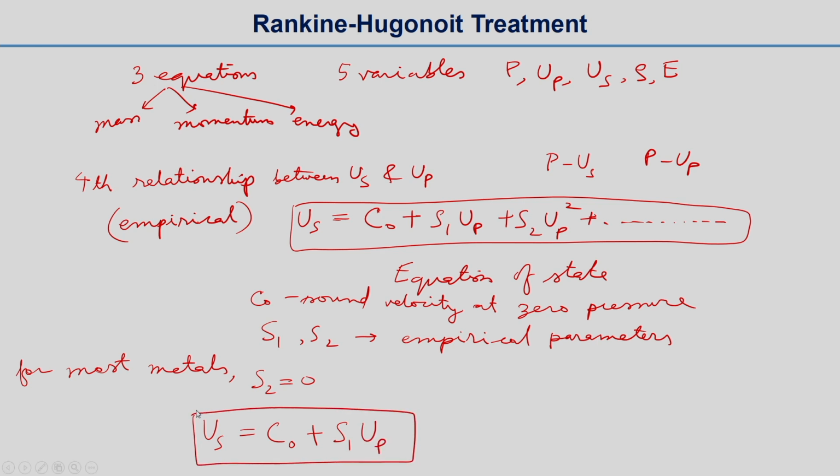So, this is the equation of state. This has a linear relation, and it is valid for material which does not undergo phase transformation. So, no phase transformation, or no material porosity.